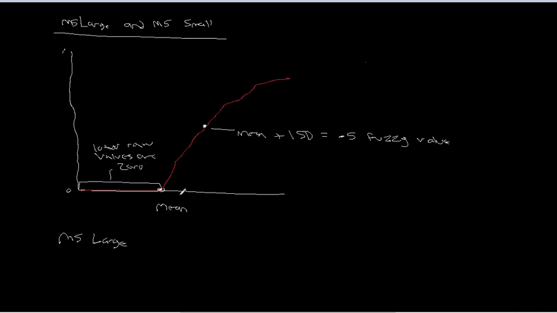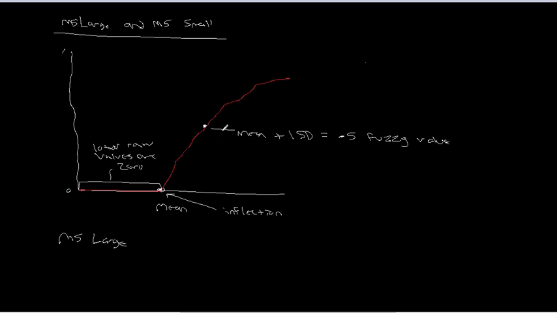Right, we have this inflection point where we transition away from a flat fuzzy membership to a curve.